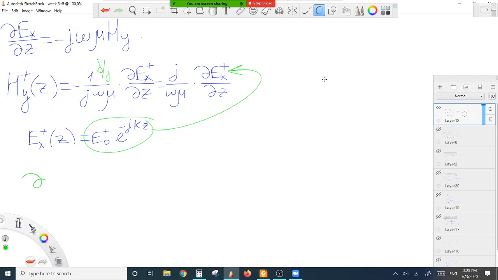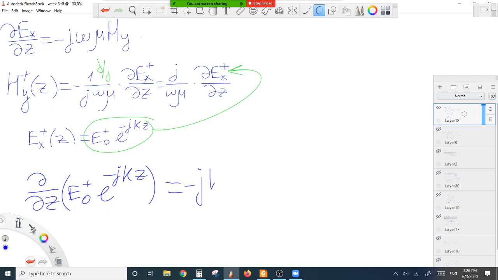Ex is E0 plus e to the power of minus jkz. The derivative will be minus jk times E0 plus e to the power of minus jkz.